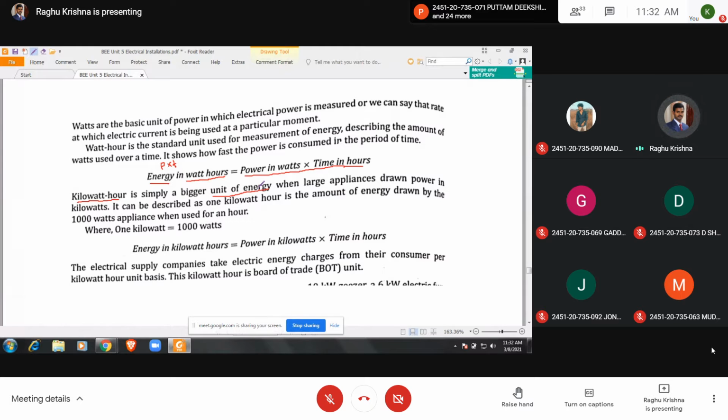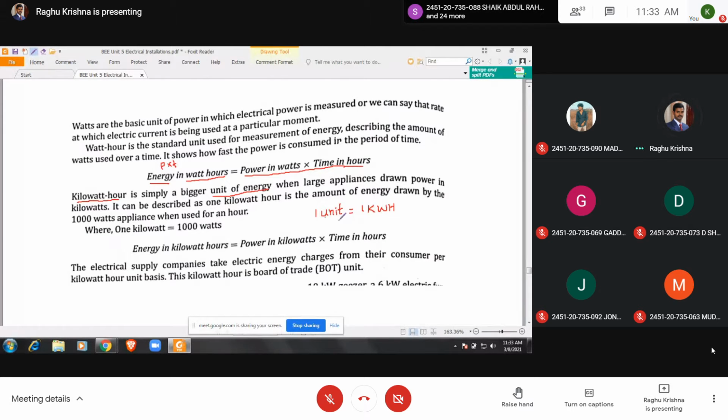One unit of electrical energy is equal to 1 kilowatt hour. So 1 kilowatt hour is known as 1 unit of electrical energy, and based on that you are going to get the electricity bill.